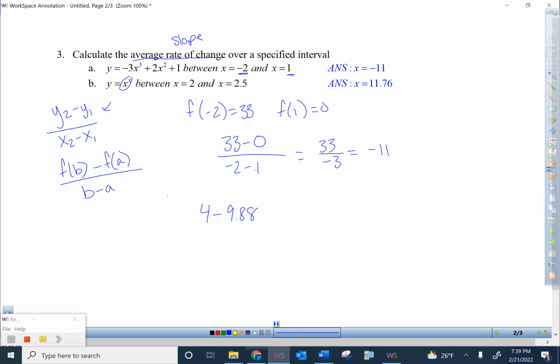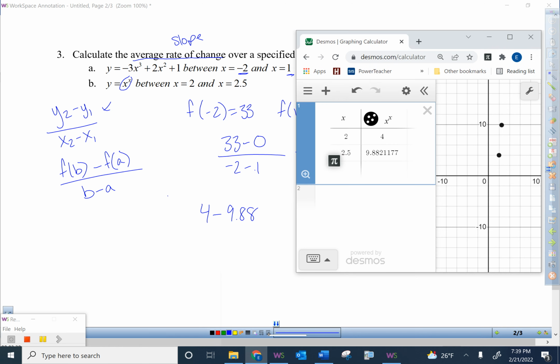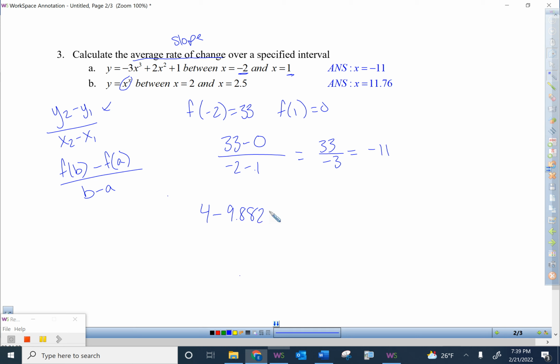9.88. And what you want to do when you're simplifying these is make sure you add some extra decimal places. So MyMathLab a lot of times will have you round to 3 or 4 decimal places. When you're doing your work in between, you want to add extra decimal places. That way there's no rounding error as you answer your final question. So I'm going to go ahead and write all of these ones that I see, 21177.